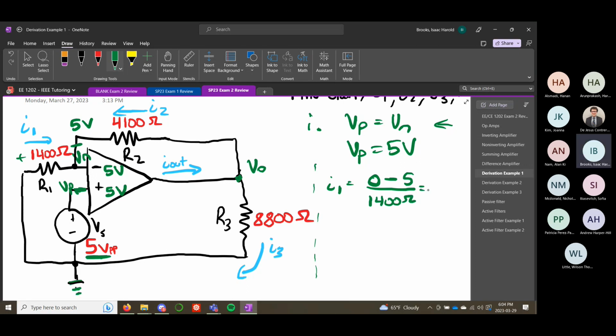And if we can get a calculator out, it might be helpful for this problem because we're going to have a lot of fractions to get these into decimals. So 5 over 1400 is going to be 3.57 milliamps.